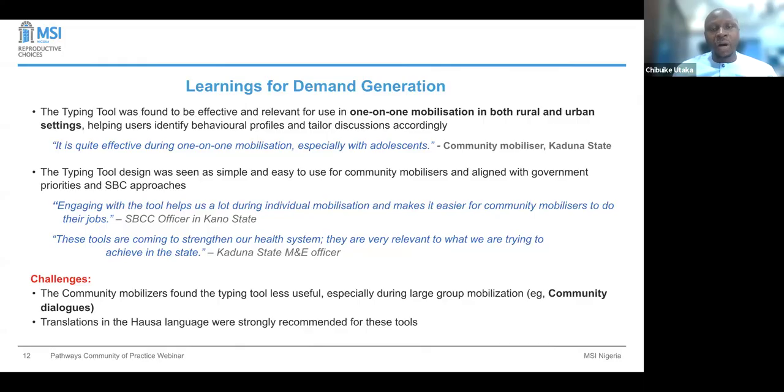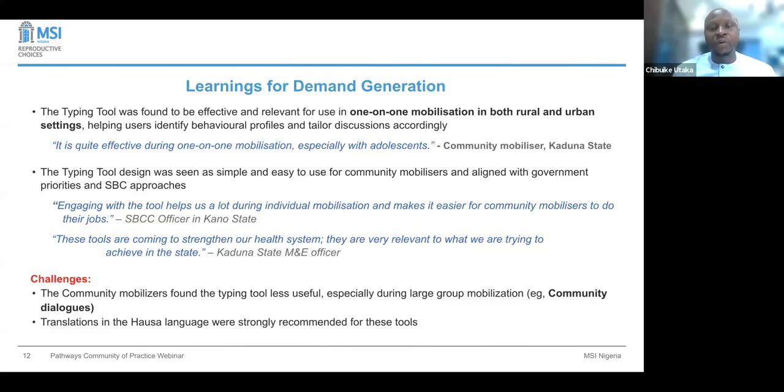For the typing tool, we found that it was very effective during one-on-one conversations in both rural and urban settings where these tools were used. It helped the demand generation team identify the behavioral profiles of the people they are meeting in the communities and focus their conversations to address the particular profile, based on the pathways data available to them.